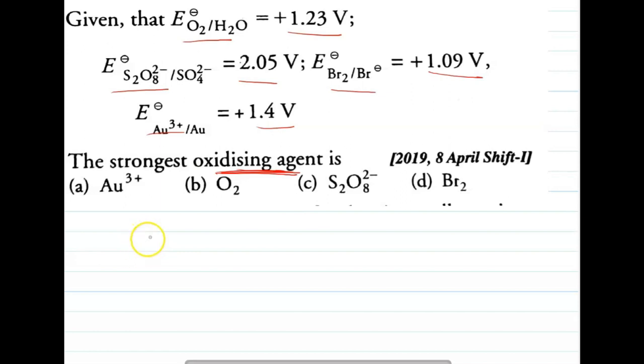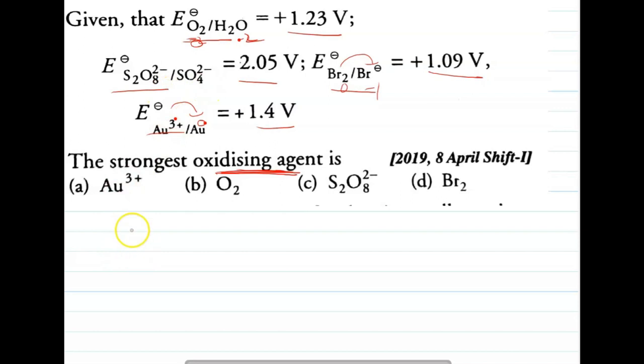If you see the E naught values, all of them are reduction potentials only. Here 3 will become 0, reduction potential. This is also reduction potential, 0 is becoming minus 1. Here also 0 is becoming minus 2. O2 is 0, 0 to oxygen is minus 2 here. All are reduction potentials only.